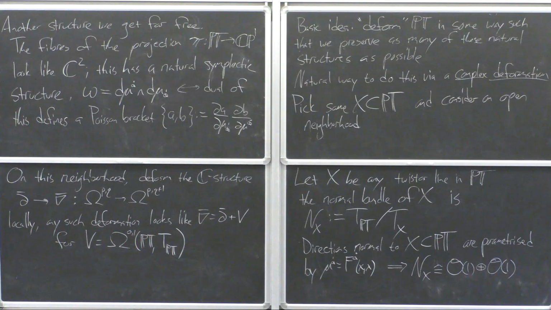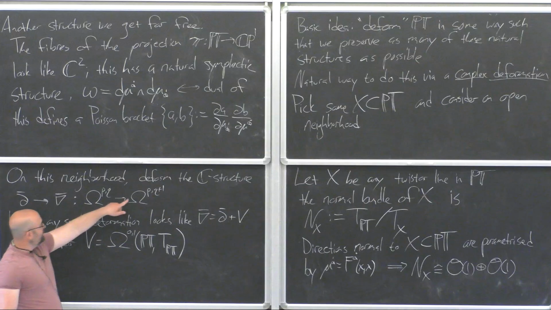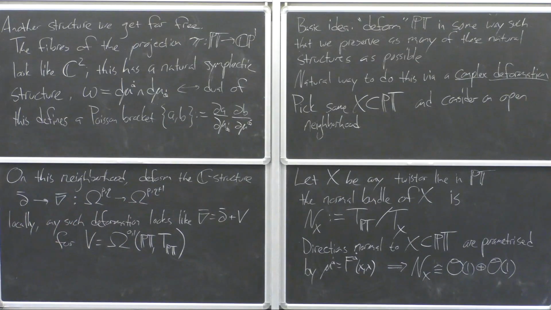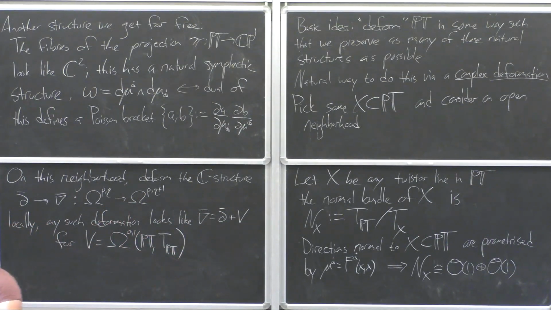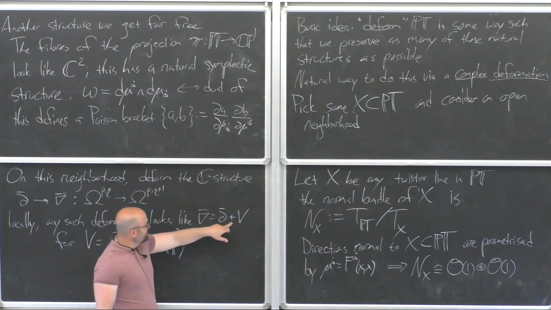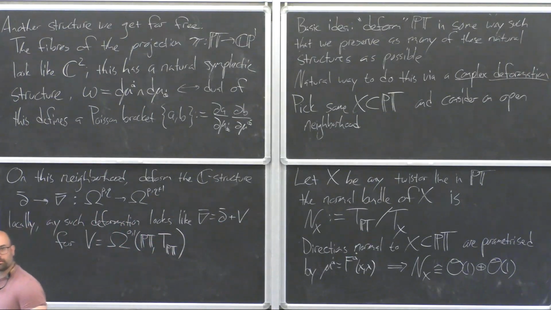Convince yourself that such a thing will always give you an anti-holomorphic Dolbeault operator in the desired way. Okay, so at least locally, any one of these deformations of the complex structure can be written this way. This is like a kind of holomorphic version of how locally any connection can be written as d plus A. Right? So locally any complex structure can be written as del bar plus V.